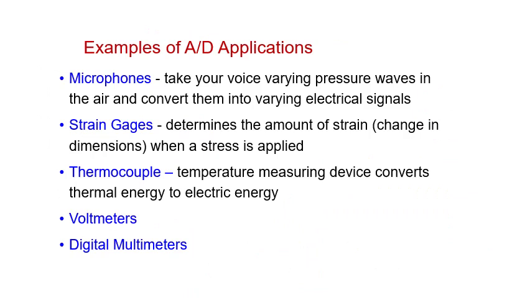Examples of analog to digital converter use are the microphone and the strain gauge, which is a sensor. When I talk about the microphone, sometimes we need to filter the signal coming from the mic, then amplify it, maybe save it, and do many processing steps on it. We need an analog to digital converter.